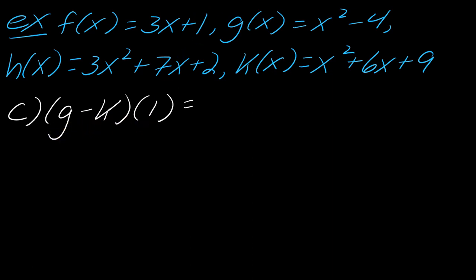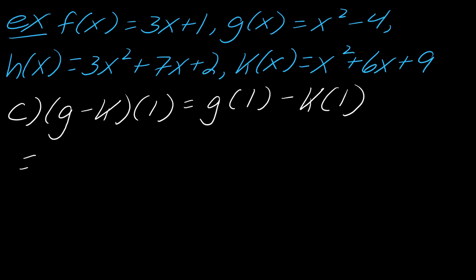So another way that you can do this, if you don't know what the result of those functions would be, is you can write this as g of 1 minus k of 1. Instead of writing g of x minus k of x, since there's a 1 in there, we're going to put a 1 in there. Where I had x's, I'm going to replace it with that 1 for both of these functions, and I'm going to do the subtraction.